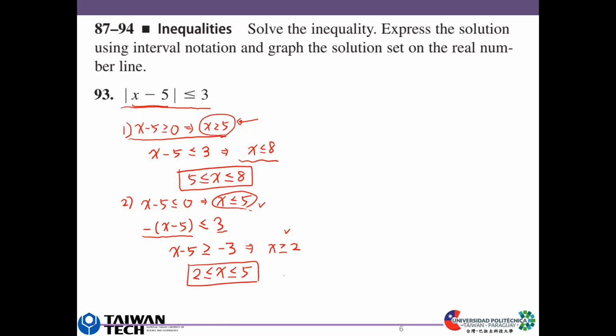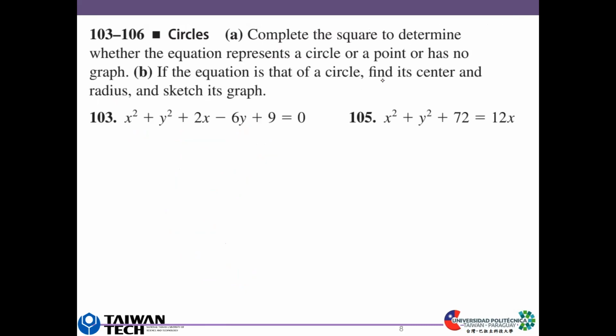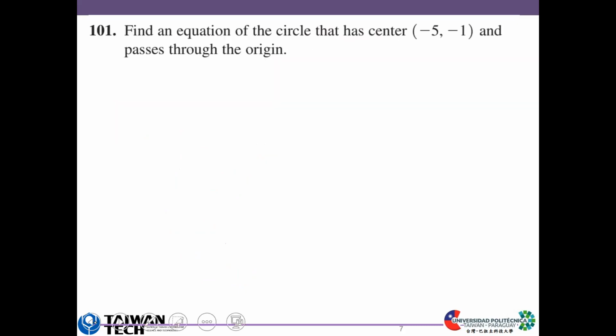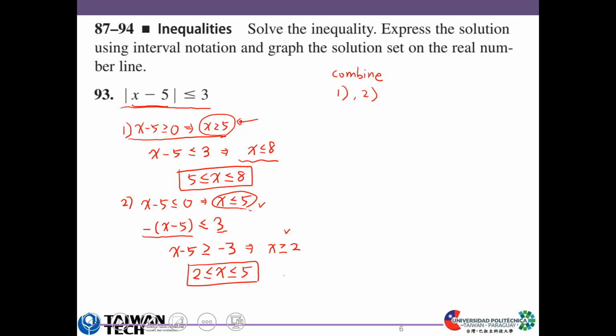So combining 1 and 2, we have x larger or equal to 2 and less or equal to 8.